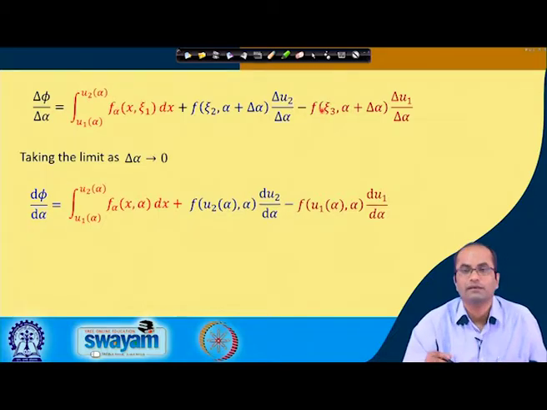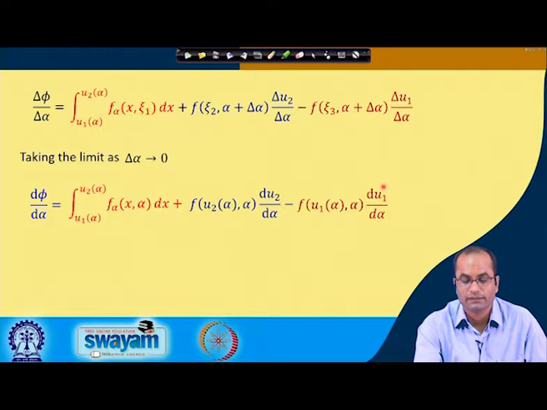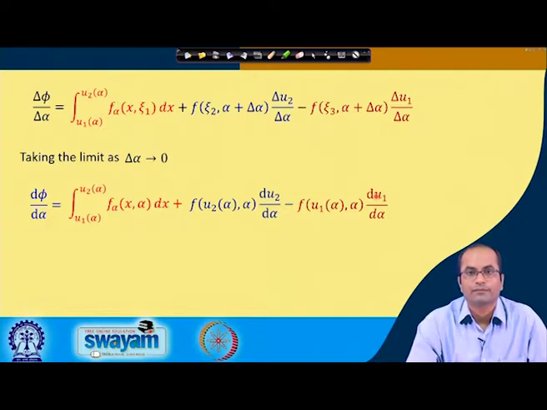The xi 3 lies between u 1 alpha and u 1 alpha plus delta alpha, and when delta alpha goes to 0, this xi 3 will go to u 1 alpha. So, we have here f at u 1 alpha, and this alpha plus delta alpha will be alpha as delta alpha goes to 0, and then this delta u 1 over delta alpha will become the derivative again of u 1 with respect to alpha.